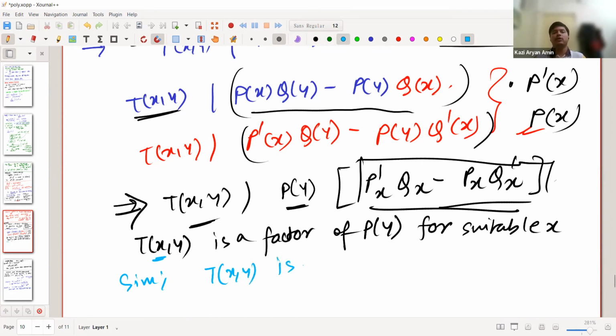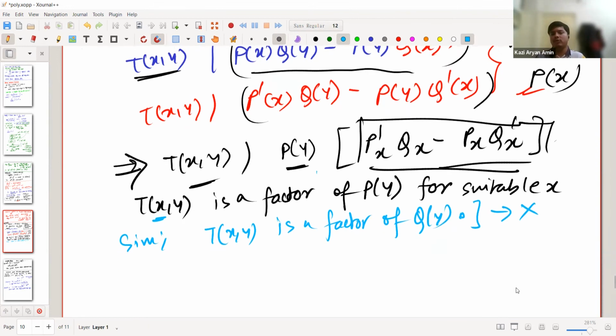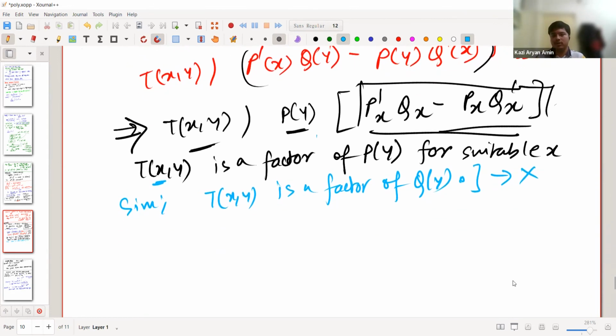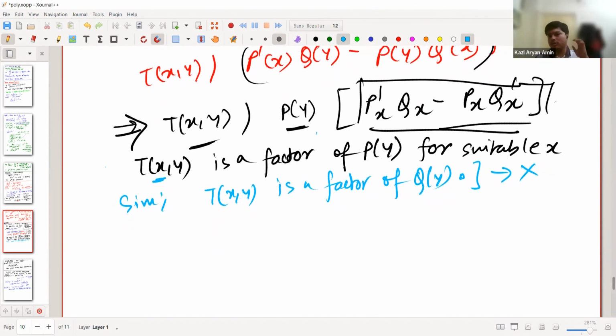And similarly, you also know that p of x comma y is a factor of q of y, using the same techniques. Does this make sense? So this cannot happen, because you now have p of y and q of y having a common factor. Does that make sense?